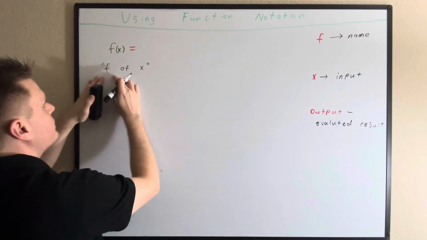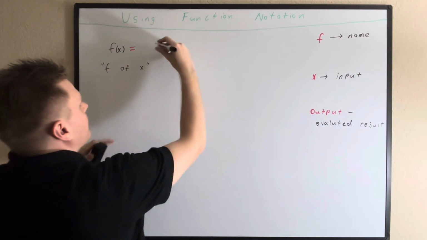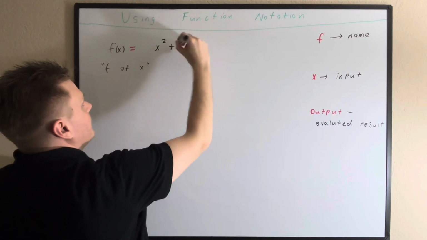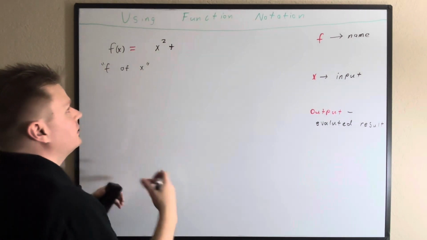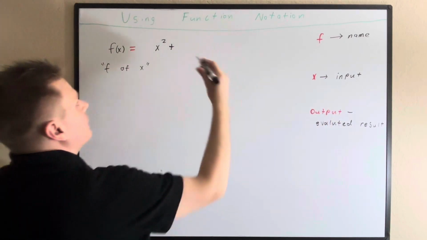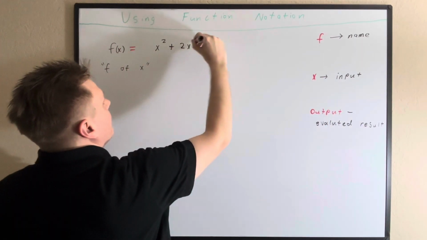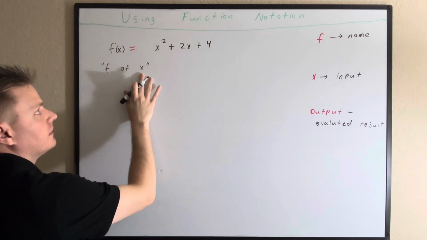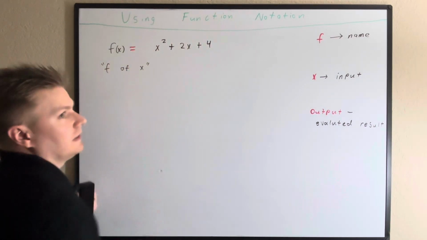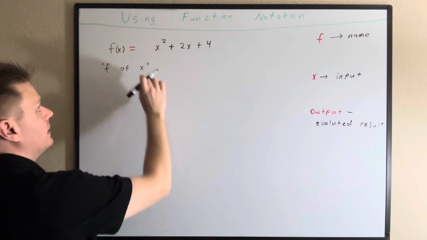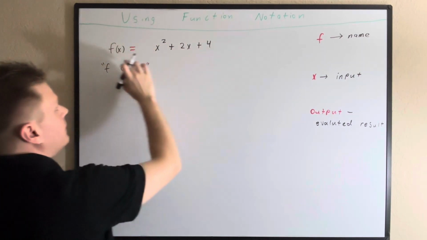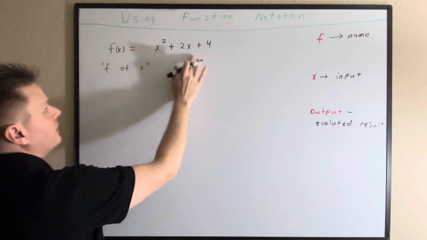We have a function that is represented by a variable that could be any number, and that variable is x. So let's just give an example. This is a function f in terms of x.